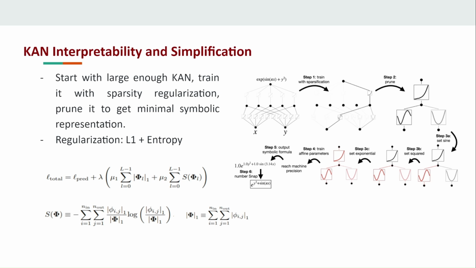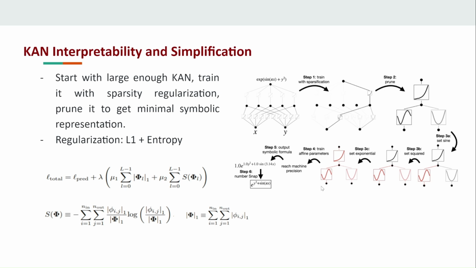though these symbolic functions are set, they still need to be either translated or scaled. So there are some affine parameters that still need to be trained to bring the traditional sine to whatever was learned here. So we train these affine parameters to reach the machine precision, which was reached here. We try to bring it back to this point, so that now we know what exact relationship exists between this feature.